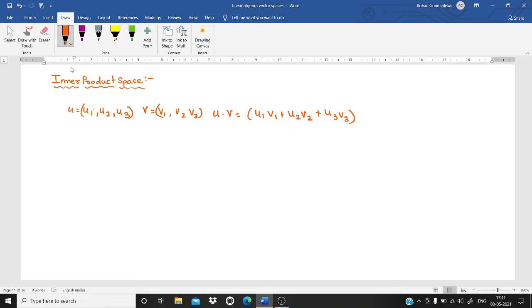Now what is inner product basically? Inner product is a generalization of dot product. Are you clear with this? Inner product is a generalization of dot product.